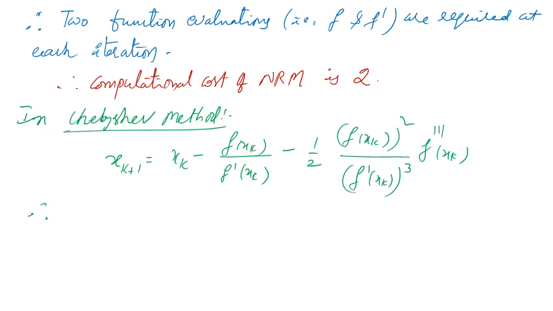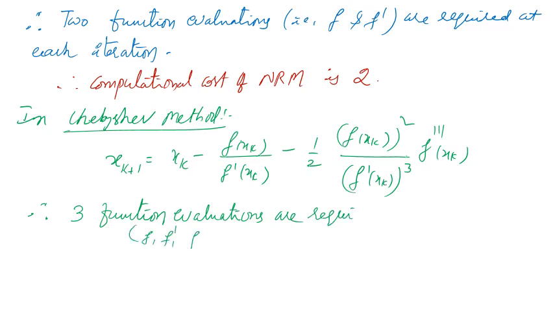Therefore how many functions? Three function evaluations are required. What are the three functions? f, f dash, f triple dash. Three function evaluations are required in the Chebyshev method.